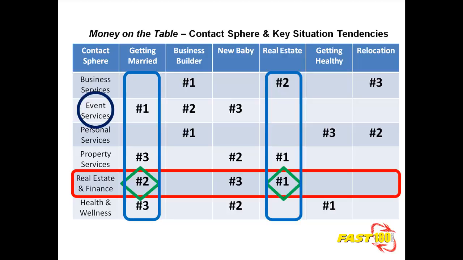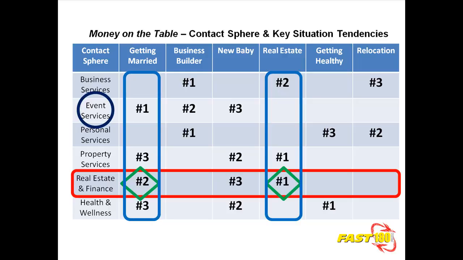If the relationship is strong enough, if the commitment is there among the various business categories, think of the possibilities if the florist, the caterer, the photographer, all of the different business categories in event services, systematically made their networking partners in real estate and finance visible, by talking about how great these various real estate and finance professionals are with people getting married and helping with all of the different things that relate to newlyweds and starting a life together.